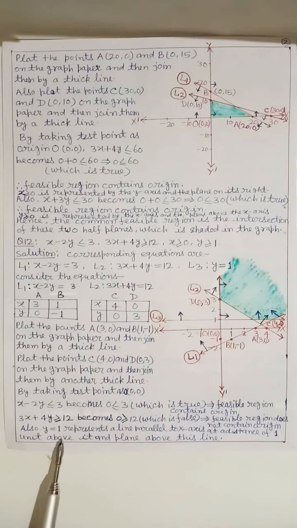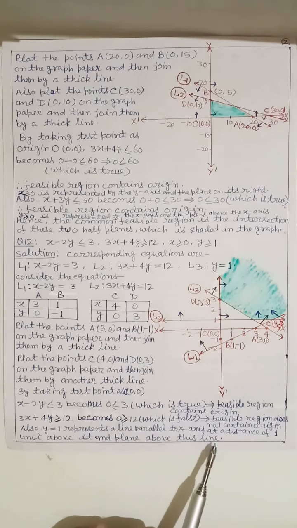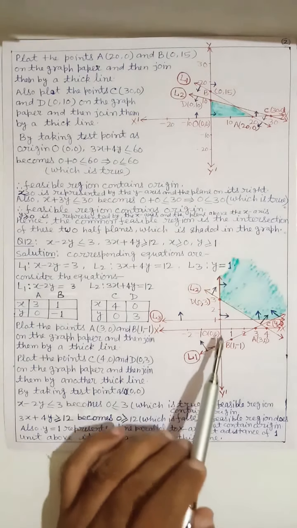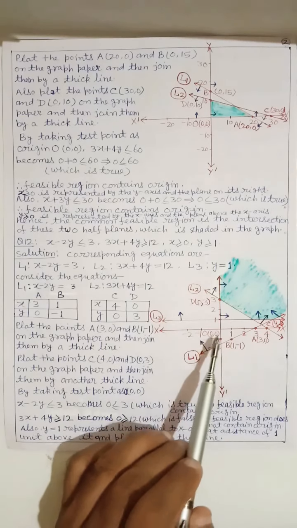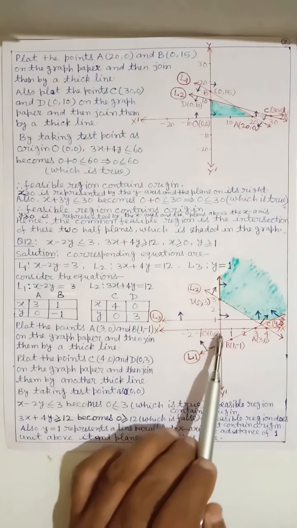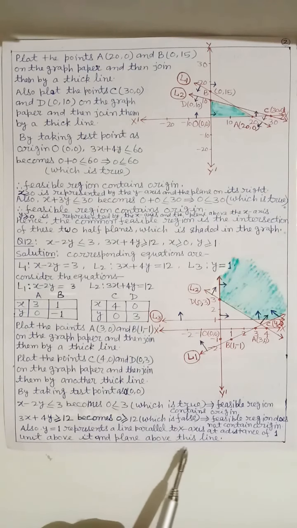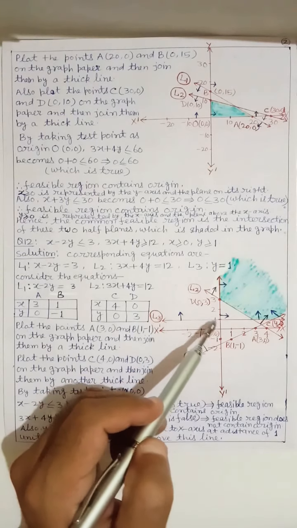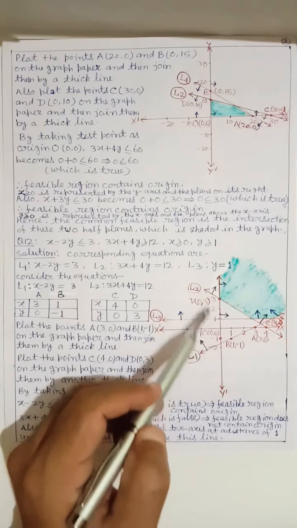Also y equal to 1 represents a line parallel to the x-axis at a distance of 1 unit above it. Here this line L3, y equal to 1, is 1 unit above the x-axis, and the plane will be above this line.